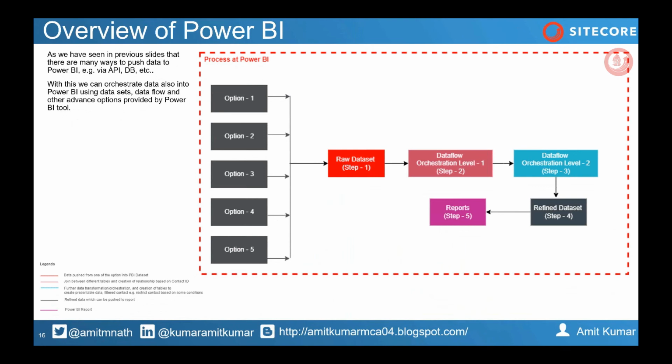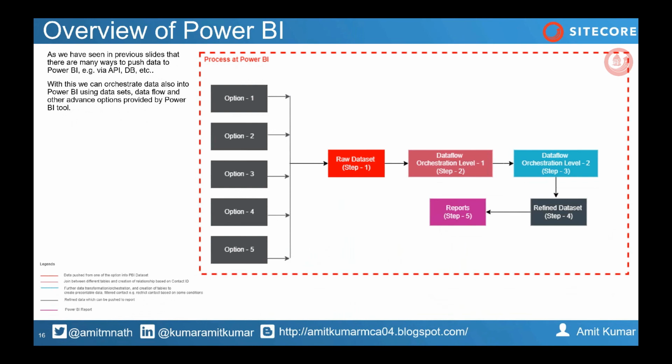That will have all your raw data set, meaning you can push data from the WebDB also, and from XConnect here, because sometimes you need to make a relationship with your WebDB to get the name of your page or anything. So in those cases, you will be syncing all your XDB data in step 1, and in step 2, that is called a data flow. So you are taking data from the raw data set, and now you are in the data flow.